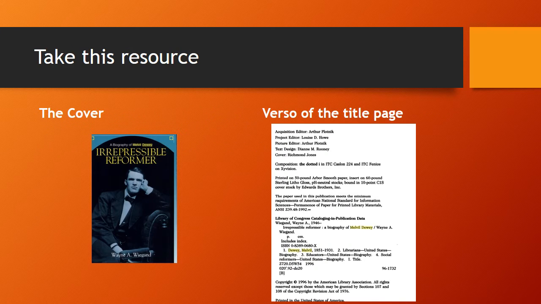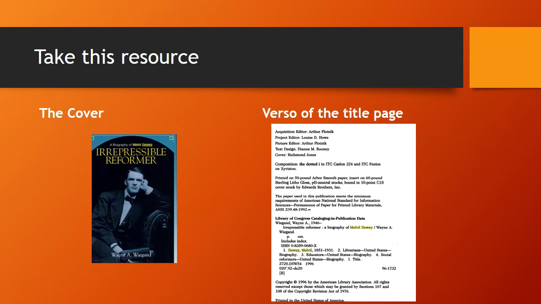So let's take a look at this resource, which is, of course, about Melville Dewey, the godfather of library and information science. So here's the book cover, and the cover gives us some information, right? It gives us a title, which we know is the title because it's in big letters, right?